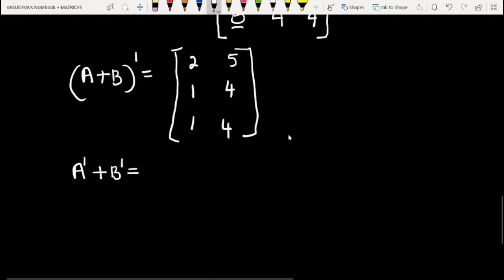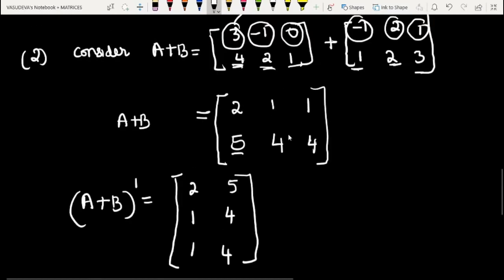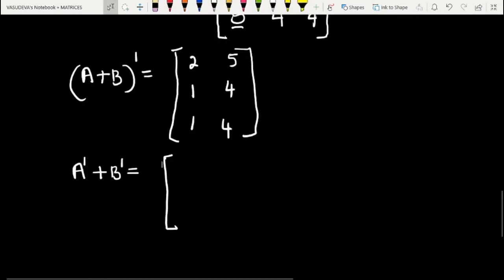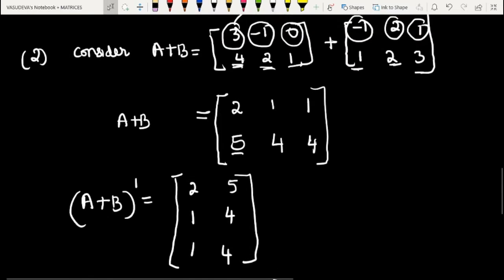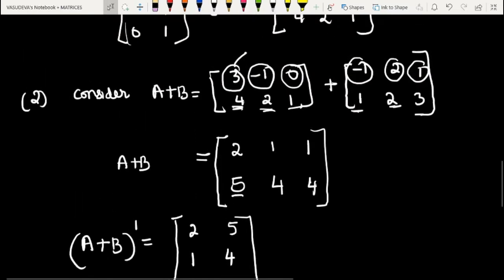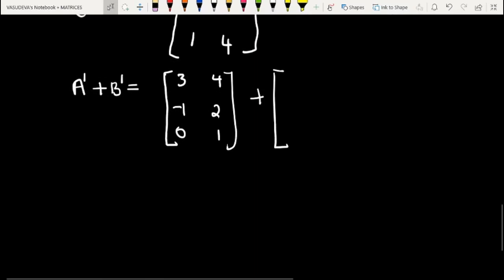So now A dash is [3, 4; -1, 2; 0, 1], plus what is B dash? B is the matrix [-1, 2, 1; 1, 2, 3]. So B dash is interchanging the rows into columns, that is [-1, 1; 2, 2; 1, 3].